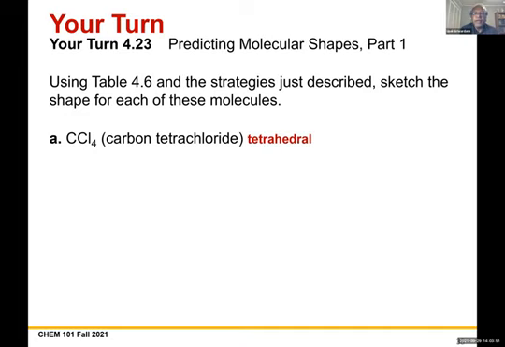Carbon tetrachloride is tetrahedral. When you write the Lewis structure, carbon is the central atom and chlorine is the terminal atom. You add up all the valence electrons and come up with the Lewis structure here. You fill the octet for carbon, and chlorine also has an octet.